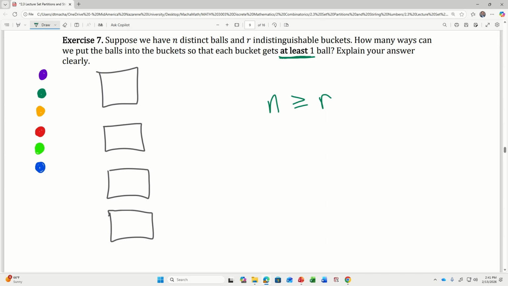How many ways can we choose two numbers from this list? So you can choose these two. You can choose these two. This one. Choose.